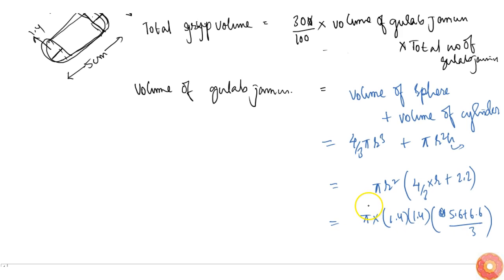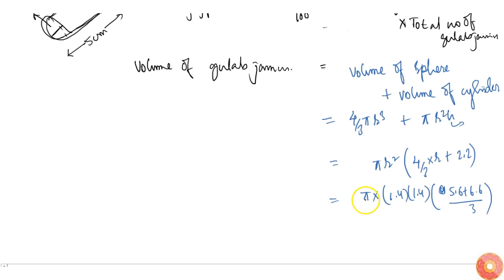So pi I can write as simply 22 by 7. That implies 22 by 7 into 1.4 into 1.4 into, this will become simply 12.2 by 3.